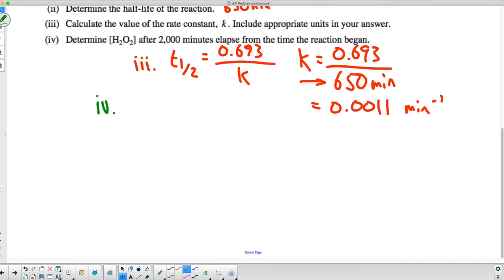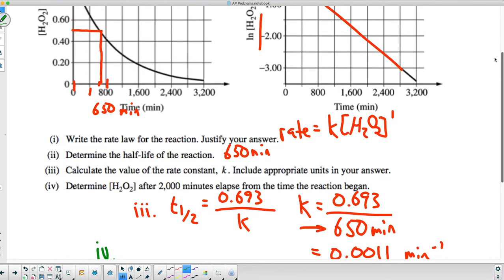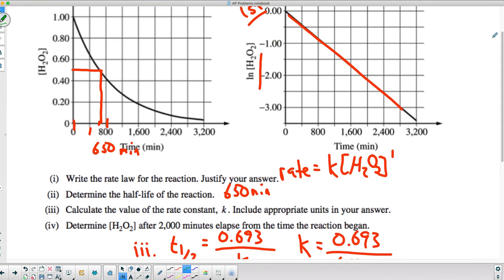So let's take a look. Up here, 2,000 minutes.